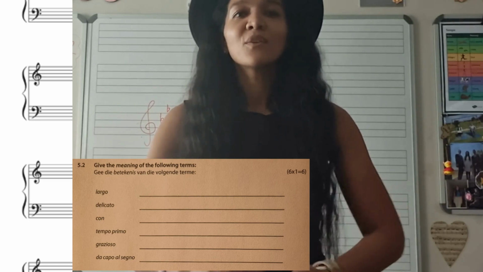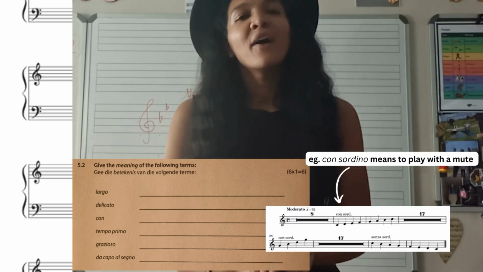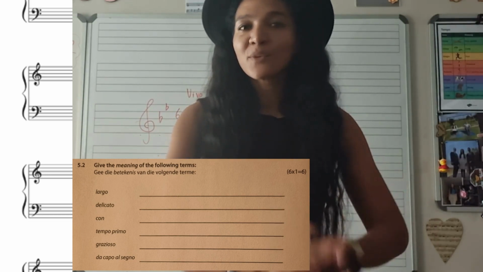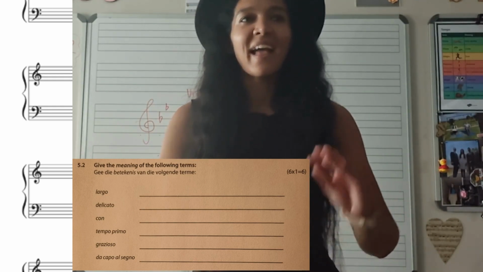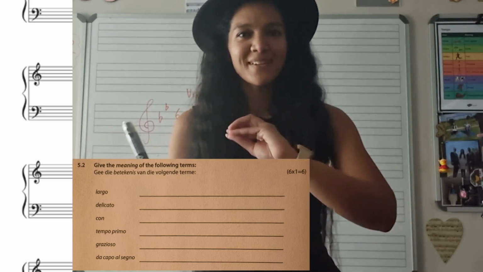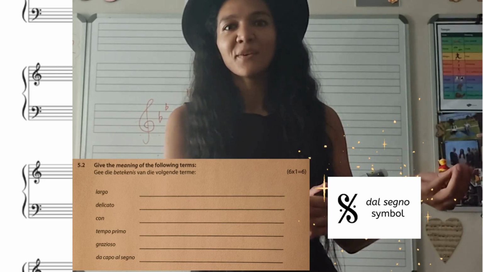We have con, which is one of those combining words. It means with. We have tempo primo, which means in the original tempo or the first tempo in which you played. Then grazioso means graceful, and da capo al segno means you have to repeat from the beginning up to where you see the sign of del segno.